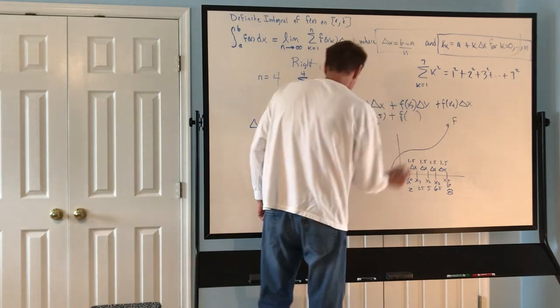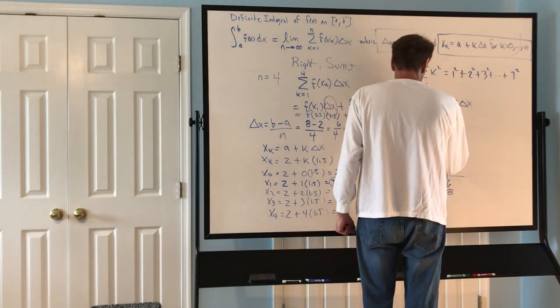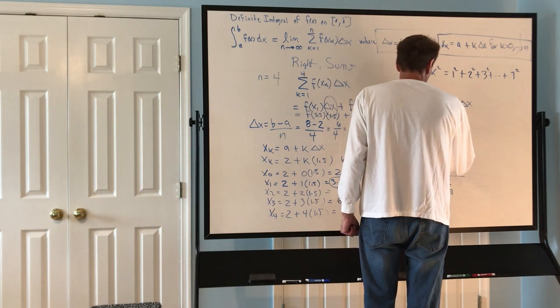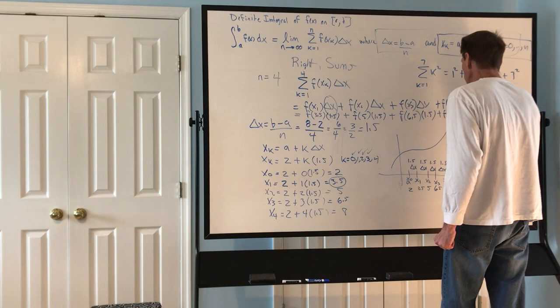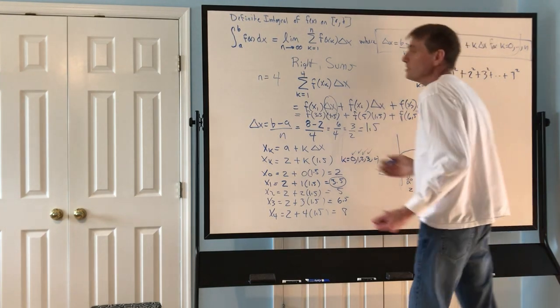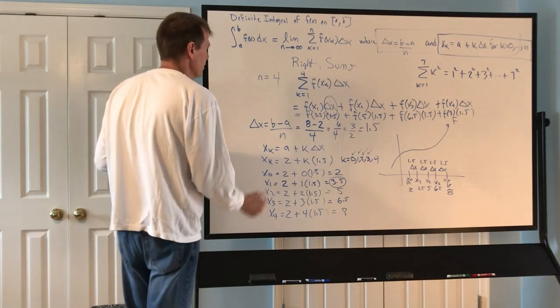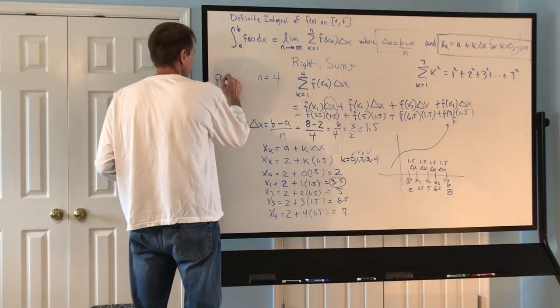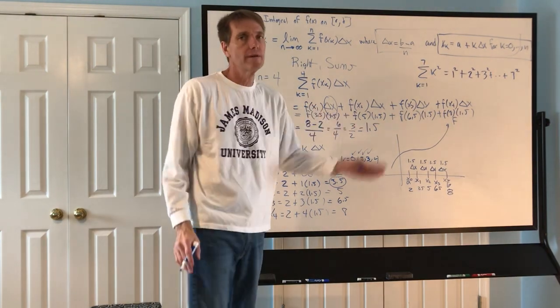And you can see x3, we keep doing this. And then our last one. So the moment they give you a function, for example, if my function was x squared, then you could actually figure out what all those values are.